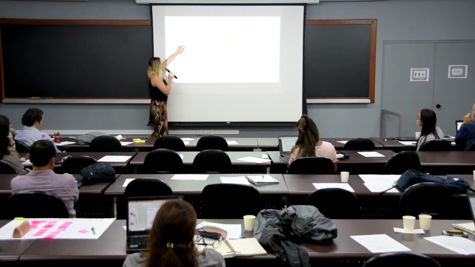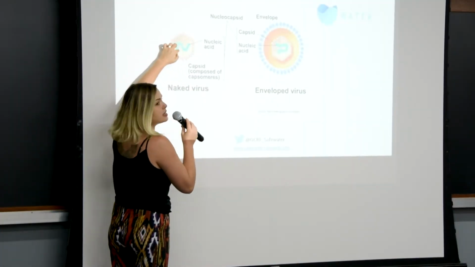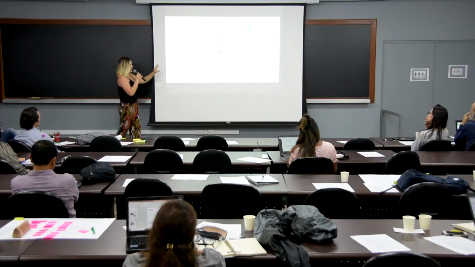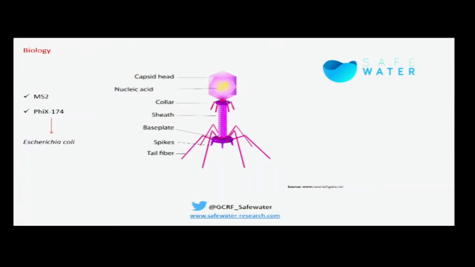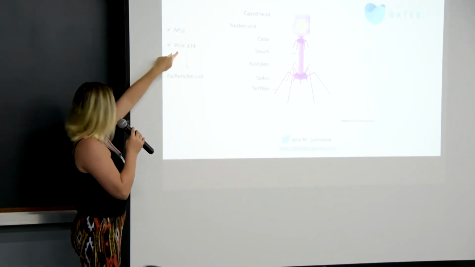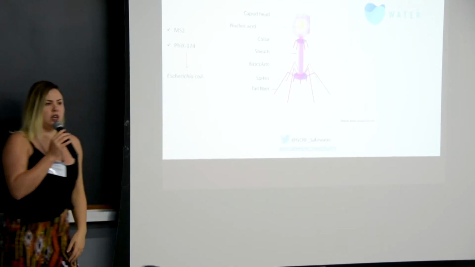And here we just have the capsid that protects the nucleic acid, okay? And here we have the bacteriophage, which is the virus which infects bacteria and another virus. Specifically we have MS-2 and Phi, which infect E. coli.